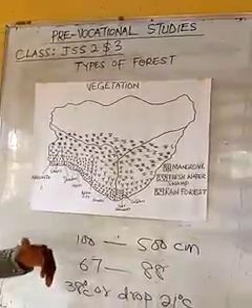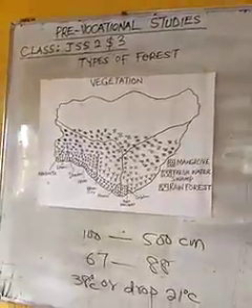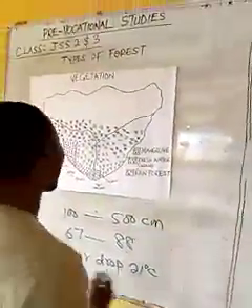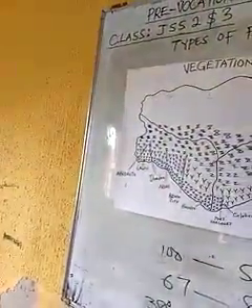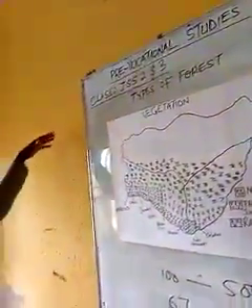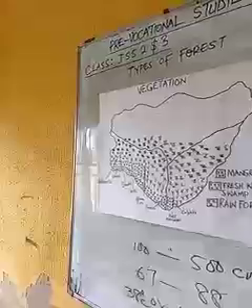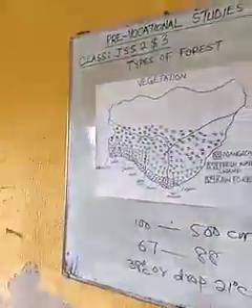In the derived forest, you discover that there is discontinuation of canopies. Like in rainforest, there is continuation of canopies, so the canopy or the branches of trees will cover the whole soil.